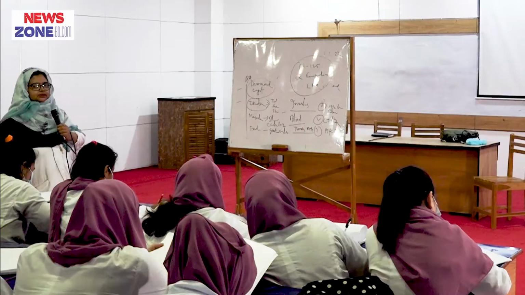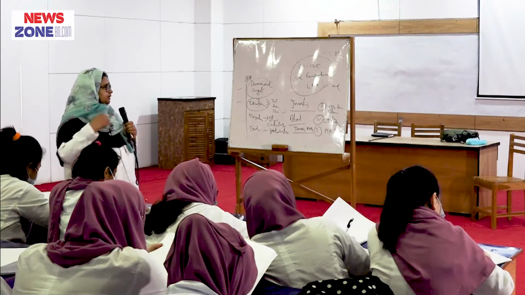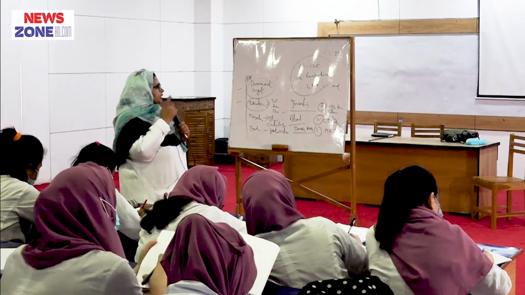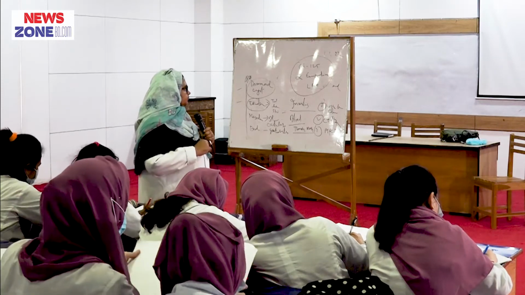And the tube is attached to the ovary, so tube and ovary mat together and form the tubo-ovarian mass. So that is also one of the differential diagnoses of ovarian tumor.